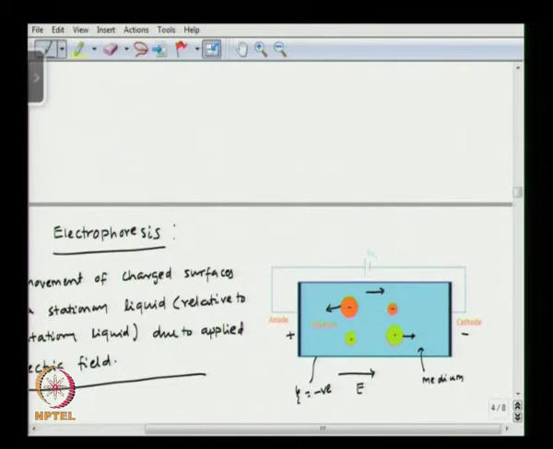So we would always have electroosmosis present because of the non-zero conductivity of the medium. But because of the attraction of these charged particles to opposite electrodes, these charged particles will occupy a space between the two electrodes. Okay. So, these charged particles will be separated between these two electrodes depending on the sign of their charges.